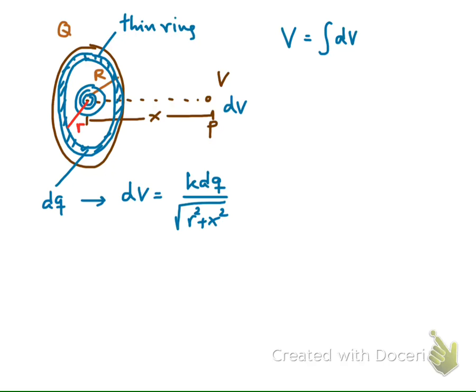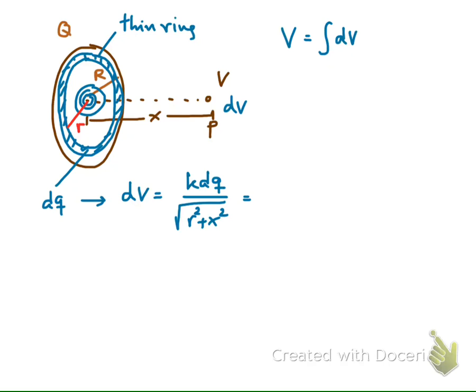Now if we want to calculate the total electric potential, we put this dV into this equation and perform the integral. But to do that we need a further calculation.